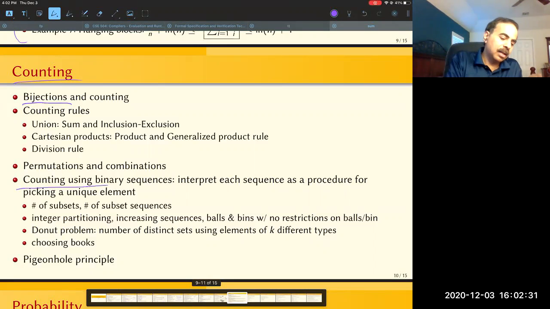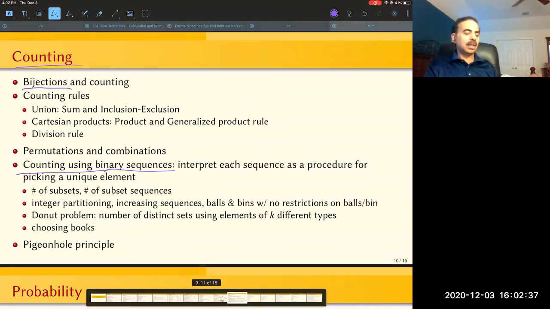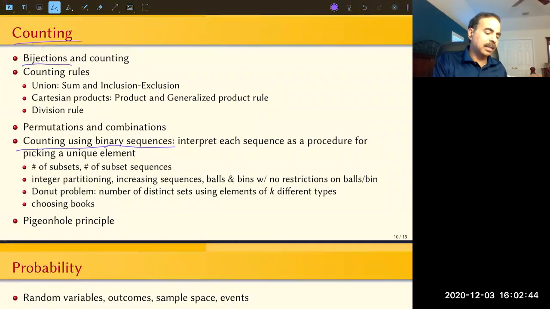And the best examples of this came through counting binary sequences, right? The sequences of zeros and ones. In particular, we showed how you can take a sequence of zeros and ones and interpret it as a procedure for picking a unique element.